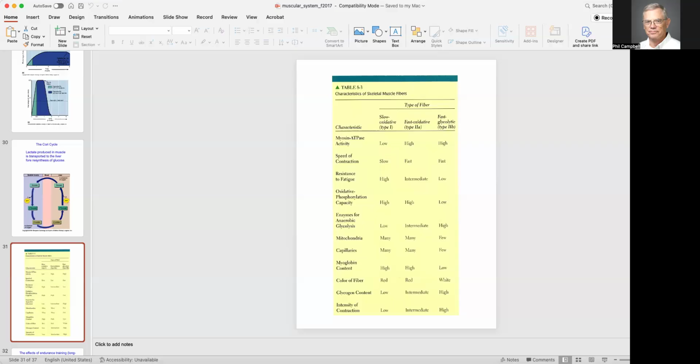So, simple bursts. If you've ever watched a wild turkey fly, they primarily glide. They do a couple of quick strokes to get up and then they glide. And they can only do that for short distances. Their primary fibers are those fast glycolytic.